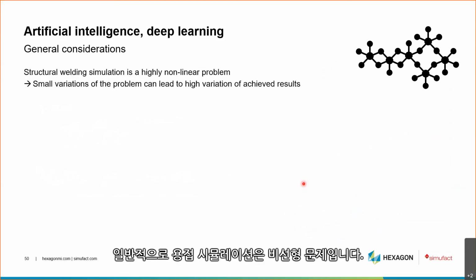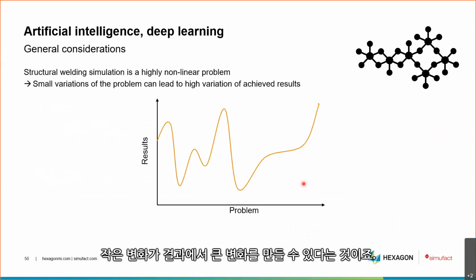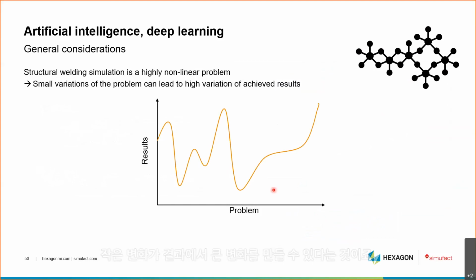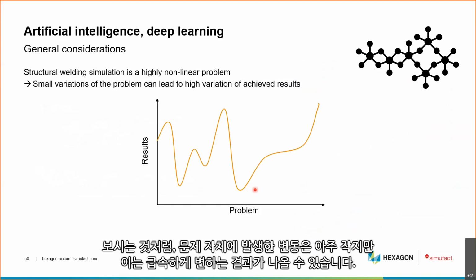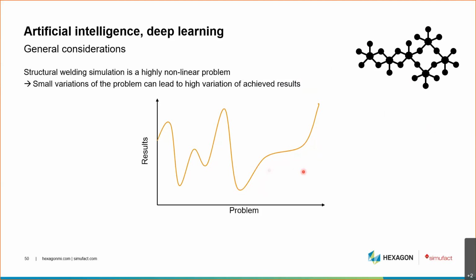So in general, the welding simulation is a very, very non-linear problem, and this means that small variations can lead to high variation of results. So you see here, the change in the problem itself is very, very small. It can lead to a very fast changing solution.